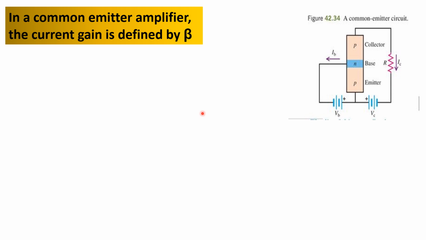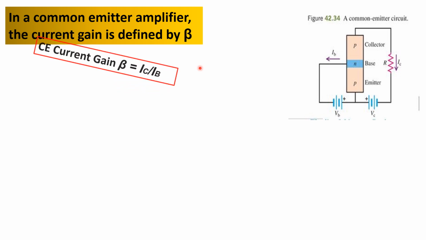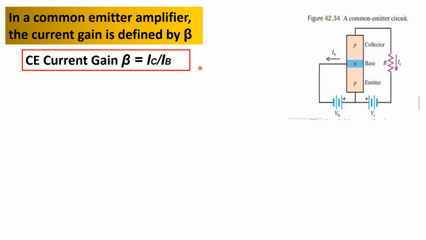And a common emitter amplifier simply means that current is being amplified. A small amount of base current can be amplified to produce a large collector current. That's why we talk about current gain.